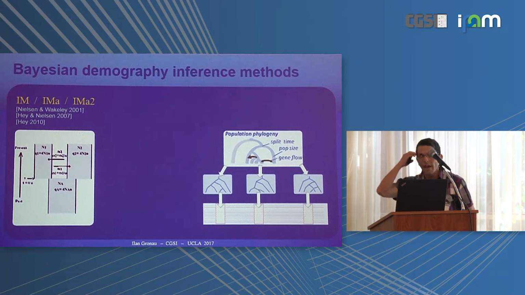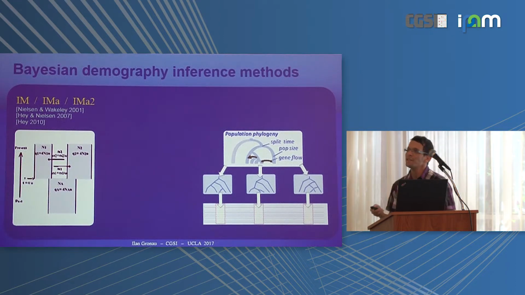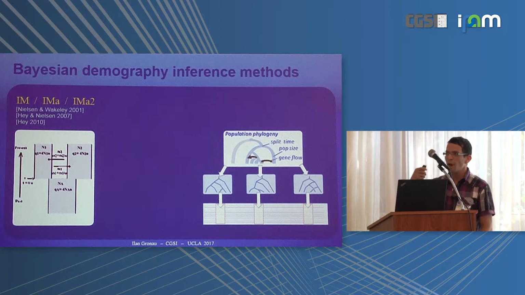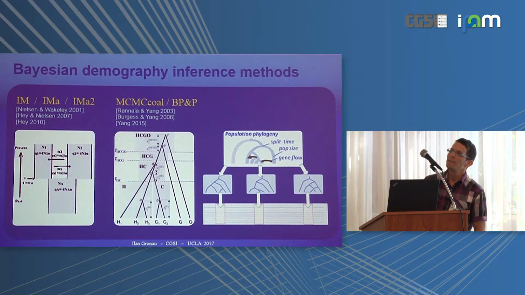So here I felt like I had to give sufficient credit to the people who introduced this to our lives: Rasmus Nielsen, John Wakeley, and Jody Hey through IM, and later MCMCcoal and BPP by Ziheng Yang and colleagues.